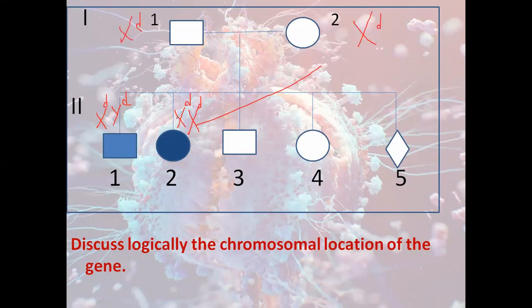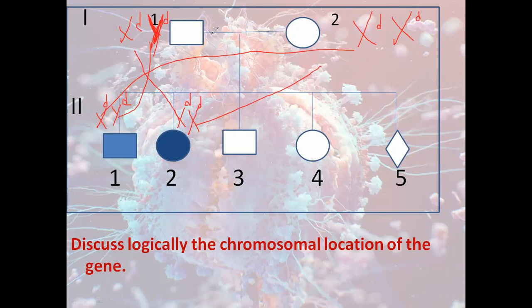And here YD sure from the father. So this is YD, and this XD from the mother. So if it's on the homologous part of X and Y, both 1-1 and 1-2 should be affected, but it's not the case. So here I denied the three cases.